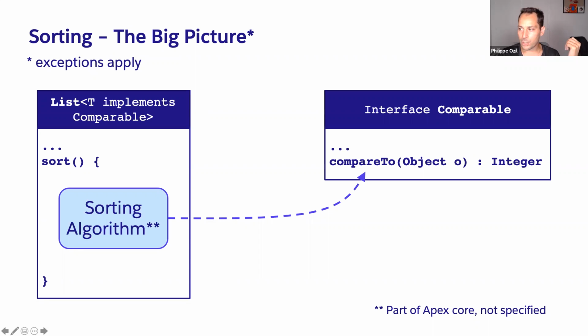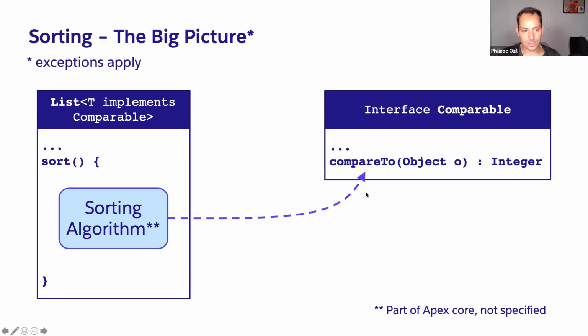But the definition of that algorithm, or the type of algorithm, is not documented. This is part of Apex core. Someone already asked me about this one, and the Apex team is not specific about which sorting algorithm it is using. And it's the same thing for Java. The definition of this algorithm is quite flexible. That's not something that is fixed in time. They're changing it from time to time.